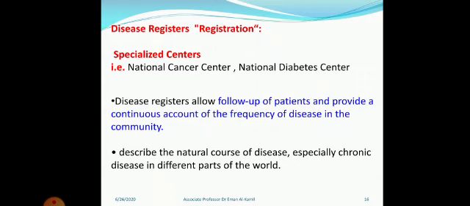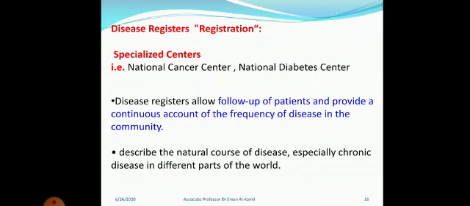These are special health centers to take care of these diseases, to have full registration and follow up, continuous count and the frequency of the disease, and to monitor the quality of the health services provided to these patients.